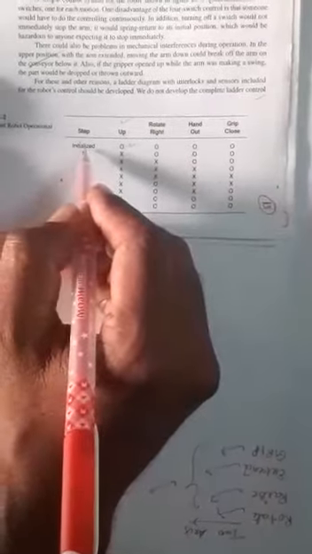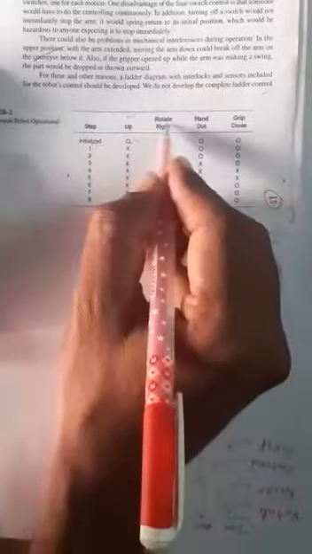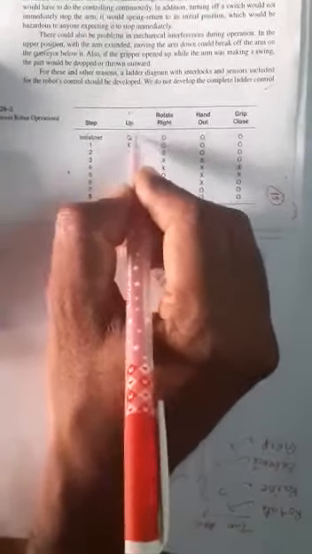So let us see. First, at the initial state, where is our part? Lower left position. So for the first sequence we represent all as O or 0 0 0 0. So 0 means up not, that means down position.